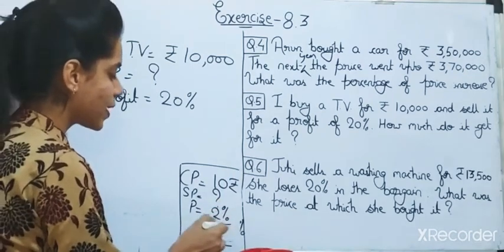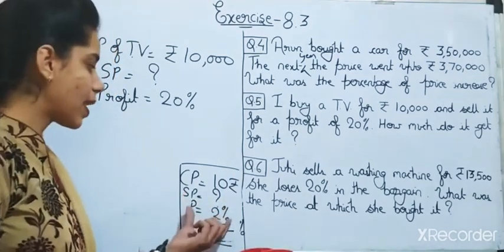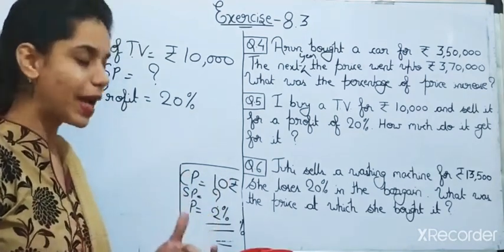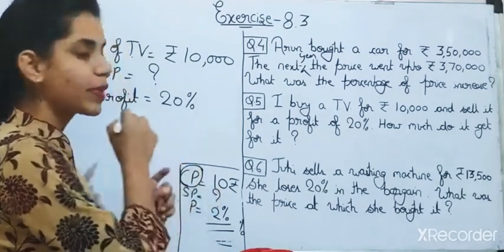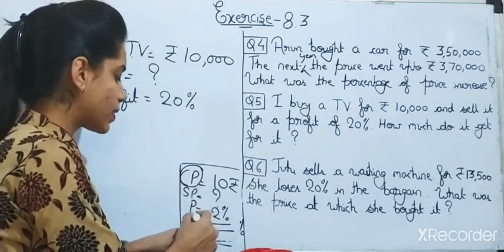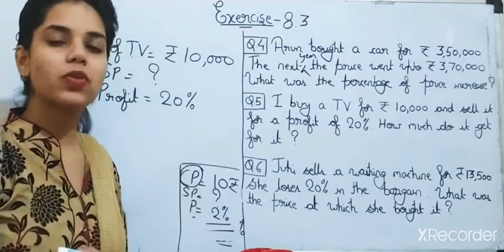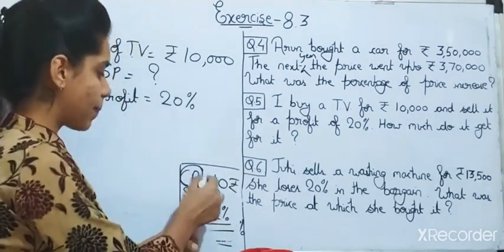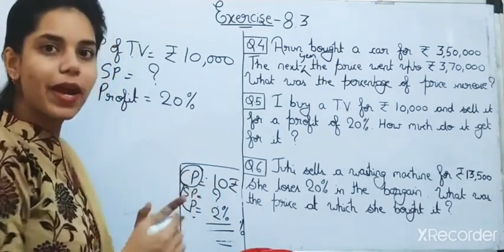Now this 2% will be applied on what? It will apply on the cost price, means 2% profit which I will get on the cost price. Profit percent or loss percent, if I sold any item, depends on CP. So profit and loss we find on CP.